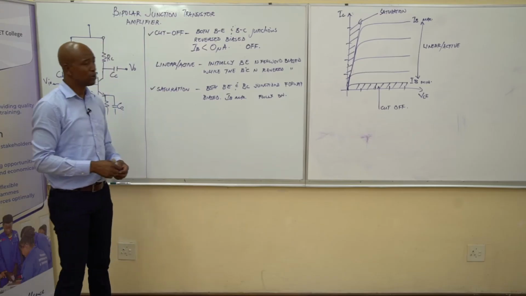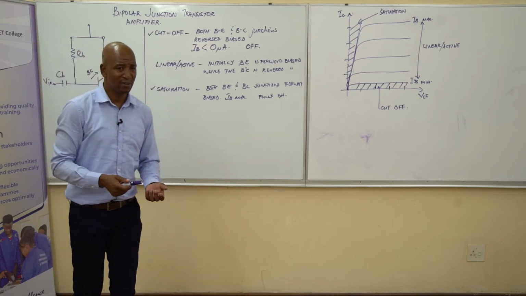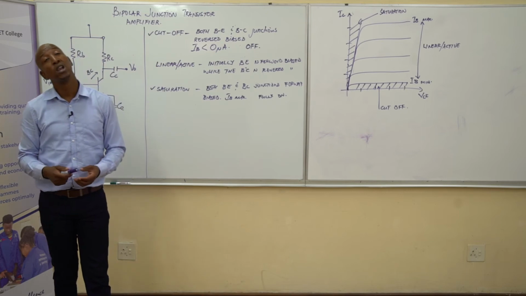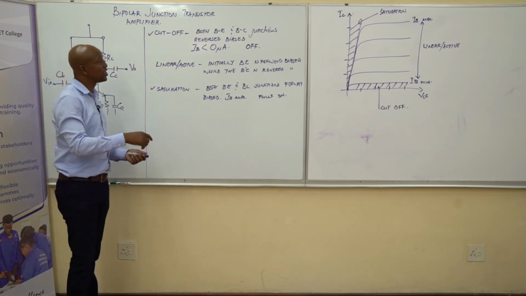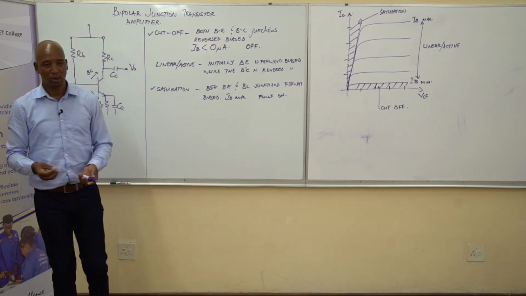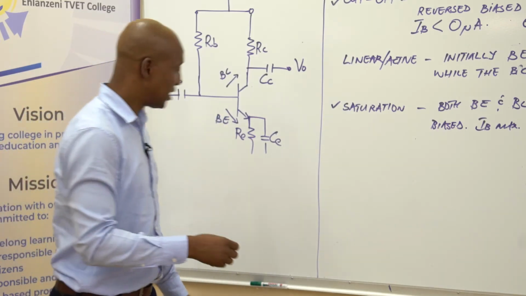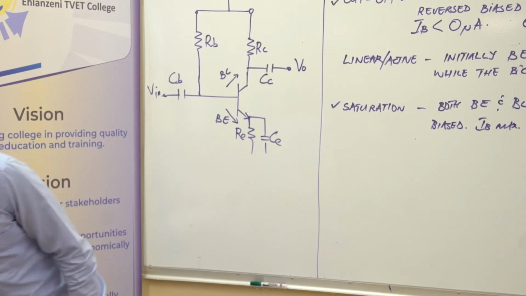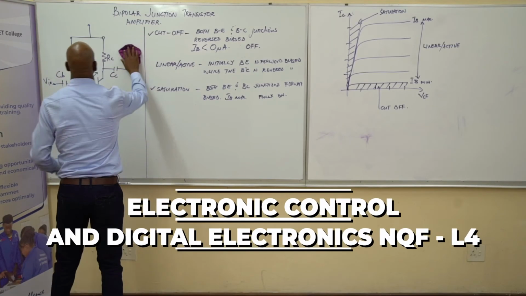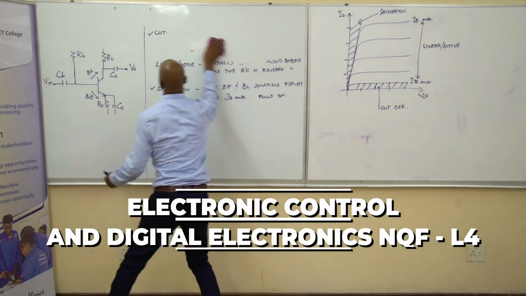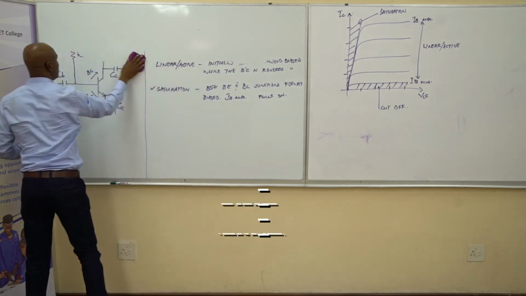So what do we do by then? It simply means that for us to bias the transistor, we need to know a lot of information about the transistor. So, first of all, how do we bias the transistor? Let us look at how we bias the transistor. Biasing of a transistor.